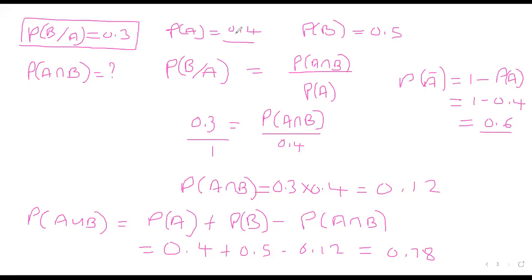It's just the opposite of what you have there. The complement of B is 1 minus the probability of B itself. Our B is 0.5, so 1 minus 0.5 gives 0.5. Is anyone lost thus far?